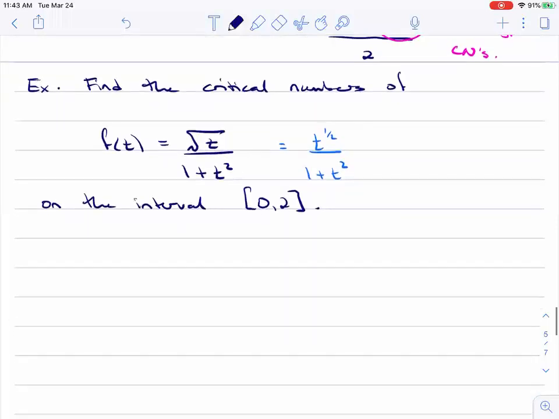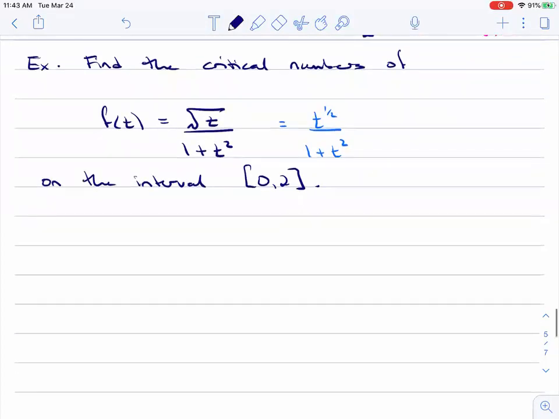Right, so we're finding the critical numbers, which means we first have to find the derivative, figure out where the derivative is 0, and then figure out if there are any places where the derivative does not exist, right? And those would all be our critical numbers.